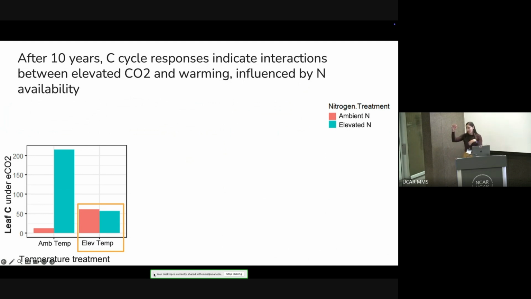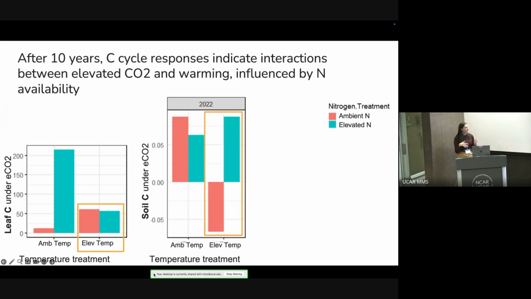If the bars are above 0, they're responding positively; if below 0, negatively. The x-axis is the temperature treatment, ambient and then elevated temperature, and the color is the nitrogen treatment. What you'll see for leaf carbon in this orange box is that leaf carbon responds similarly to elevated CO2 and temperature, regardless of nitrogen availability.